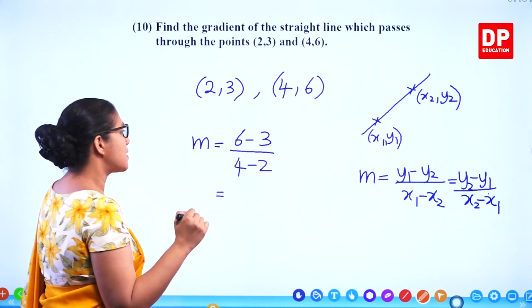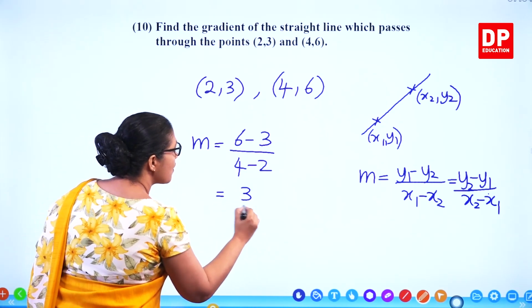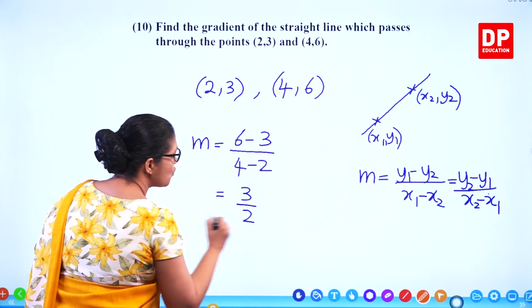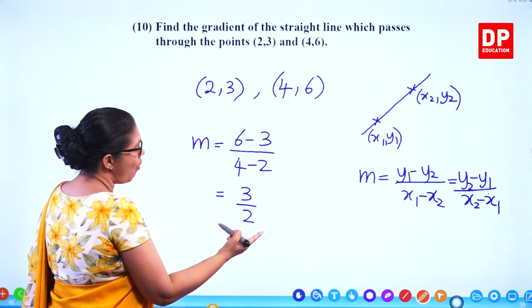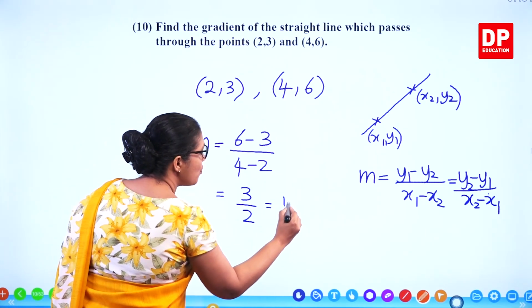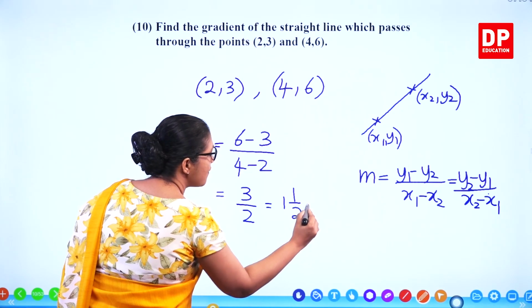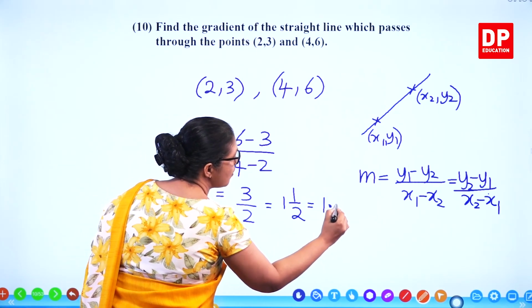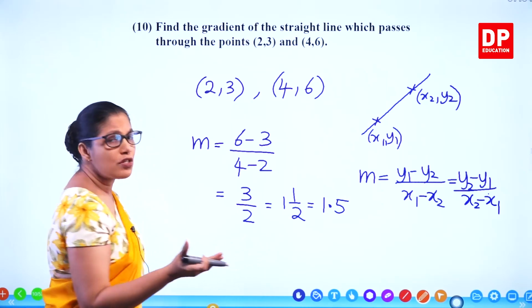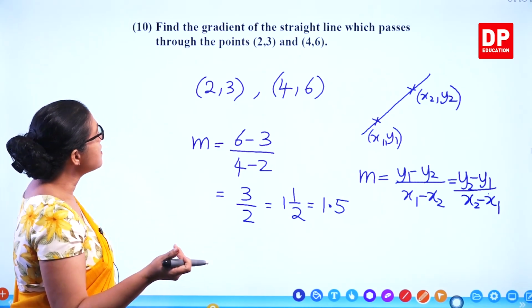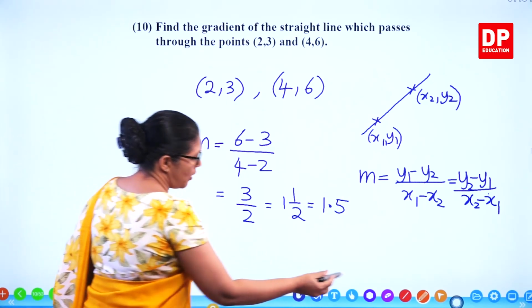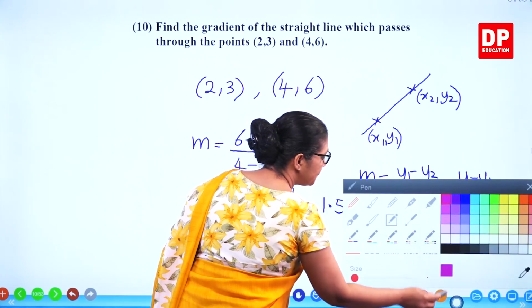So 6 minus 3 is 3, 4 minus 2 is 2. So 3 over 2, or 1.5 as a decimal. So you can keep the answer as a fraction, mixed number or decimal. So you get 2 marks for that.